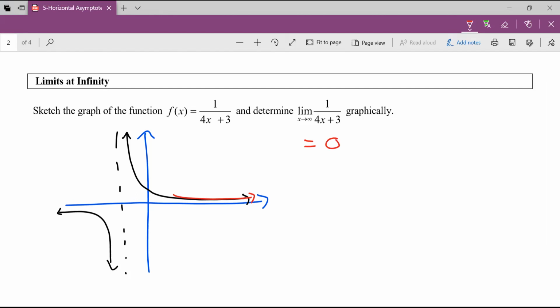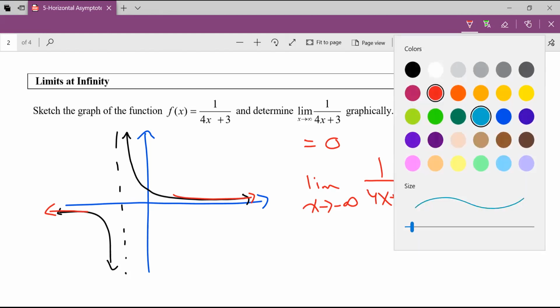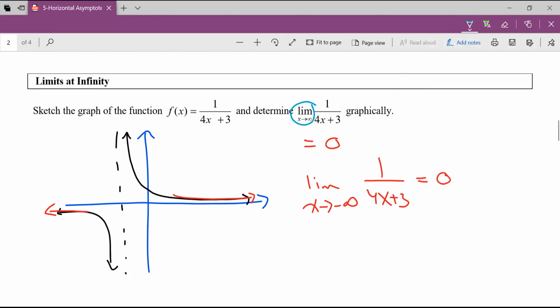And in fact, if I asked you to find the limit as X goes to negative infinity of 1 over 4X plus 3, we would see that again, as X gets really, really small in the negative direction, the Y values are approaching 0. What we just did here, my friends, by checking the limit as X goes to positive infinity and as X goes to negative infinity, is how we will determine algebraically the horizontal asymptote.